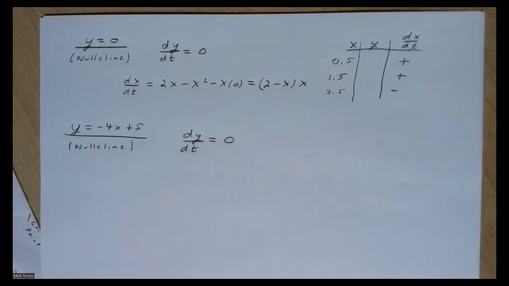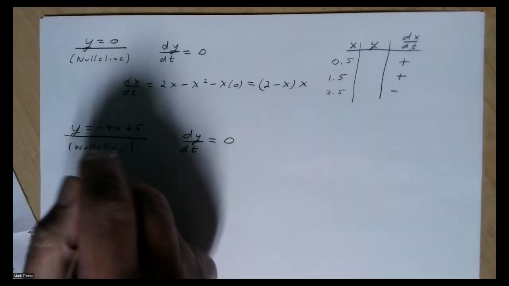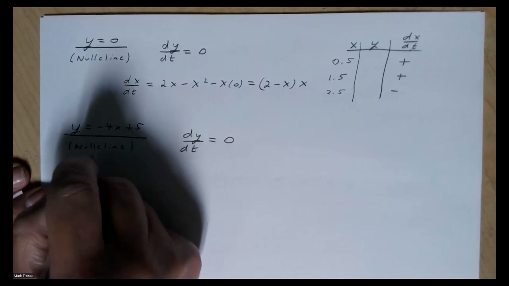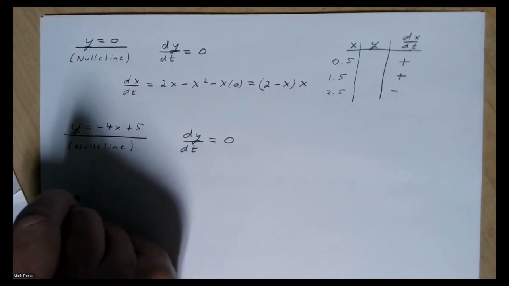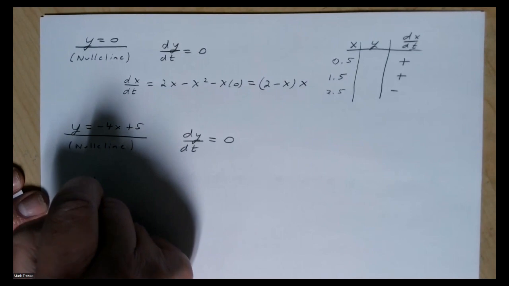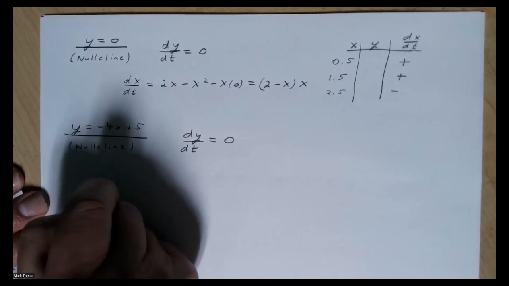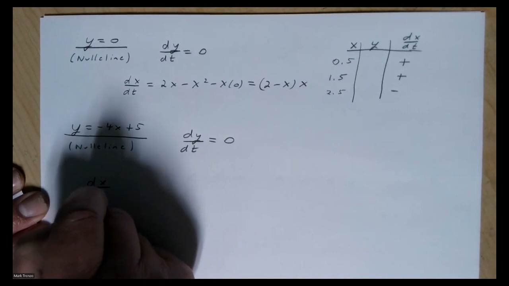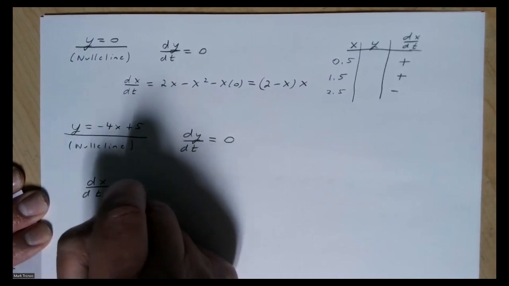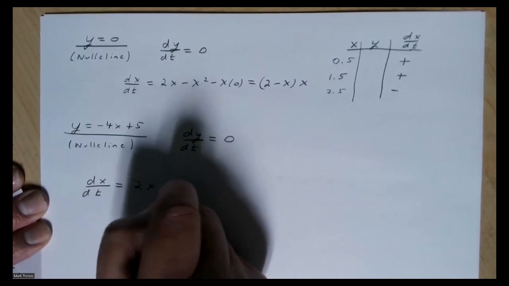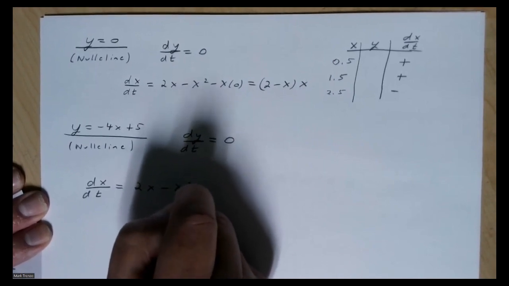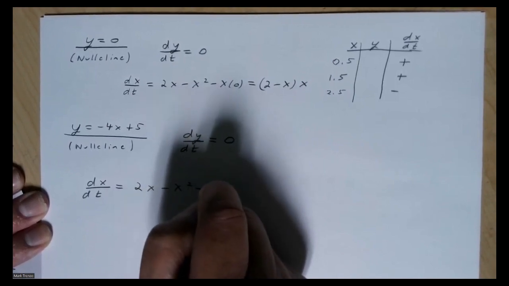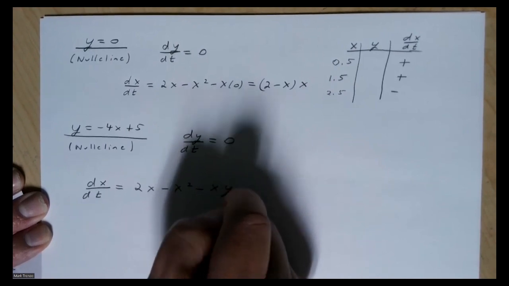And then we're going to have to go back to our original equation. This is going to be dx/dt. It's going to be 2x minus x squared minus xy like this.